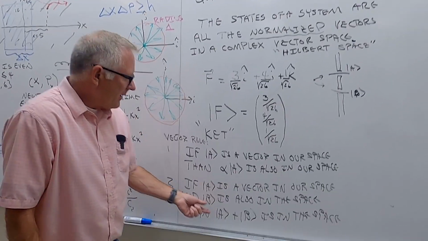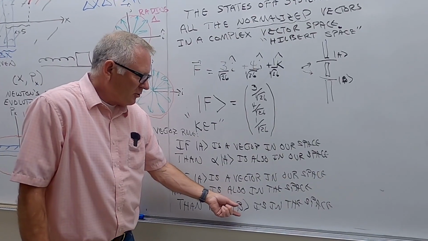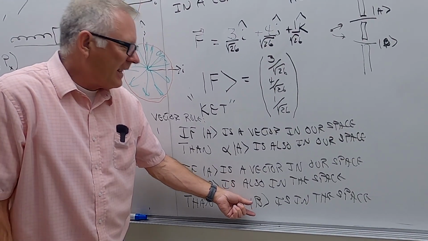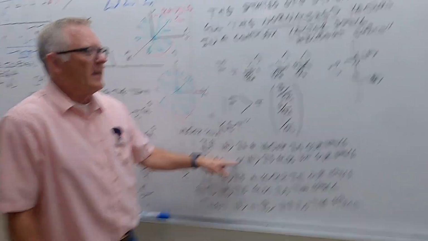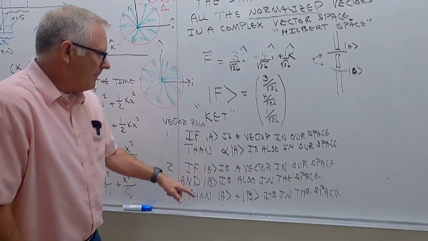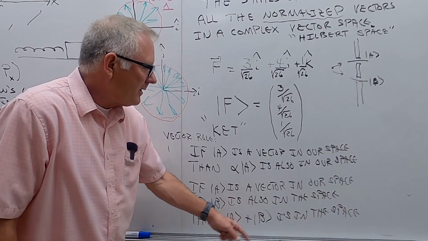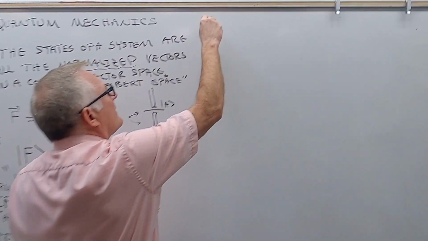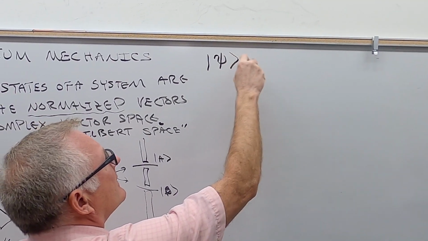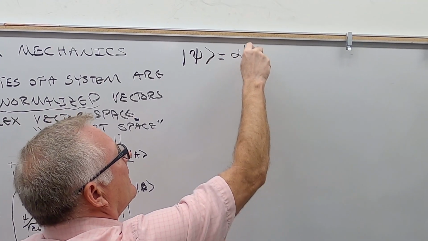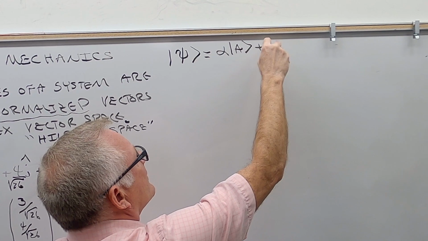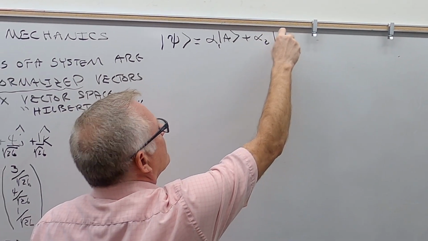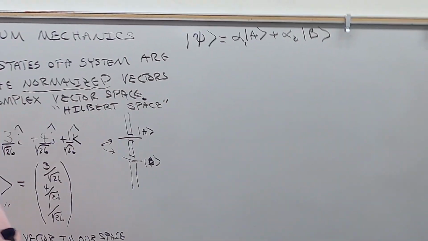Now, remember, if A was normalized and B is normalized, then A plus B probably isn't normalized, but I can normalize it by multiplying it by a factor. So instead of writing A plus B, we could say psi is equal to alpha 1 A plus alpha 2 B. That's also got to be true.